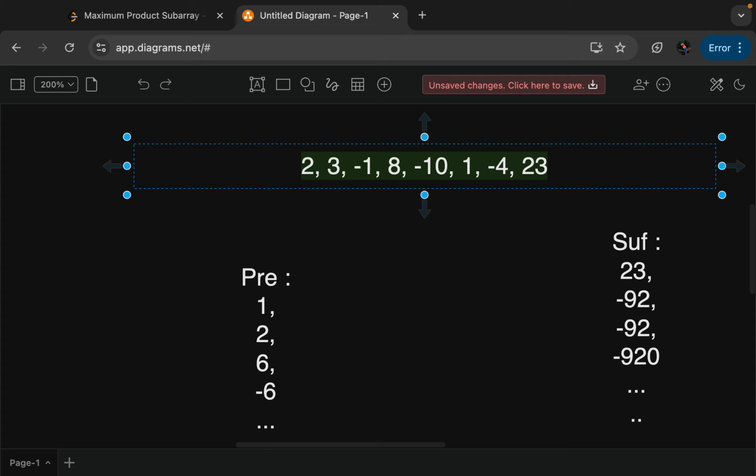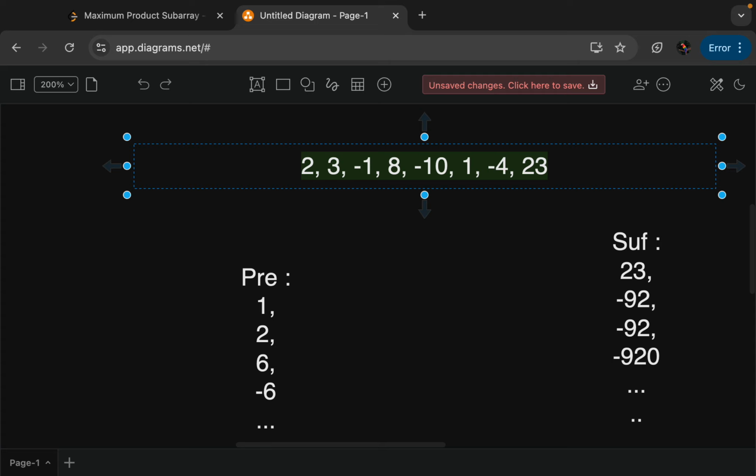We consider the complete array as a prefix and a suffix as well. This would solve our constraint that there are all positive numbers in the array, or there is an even number of negatives in the array.